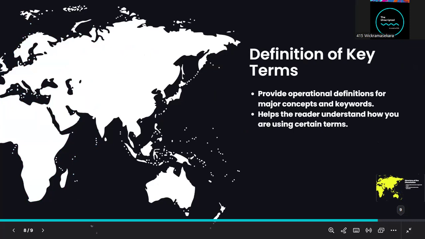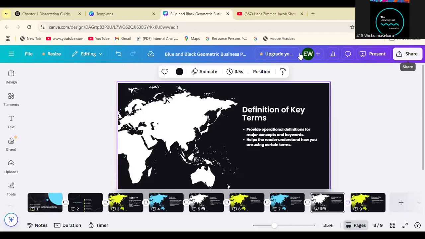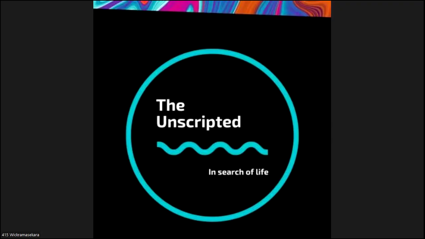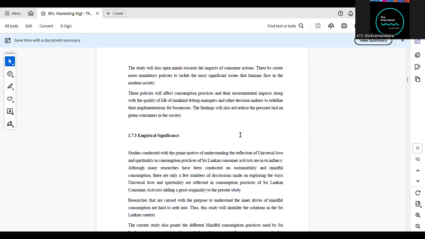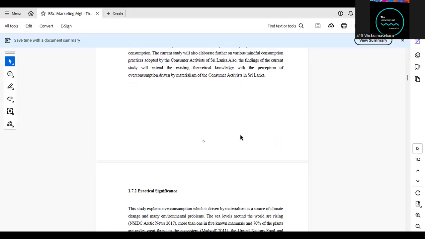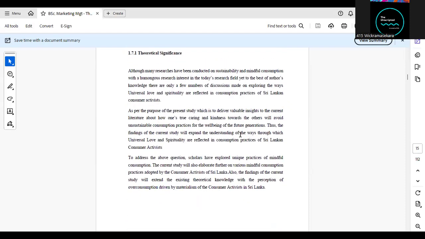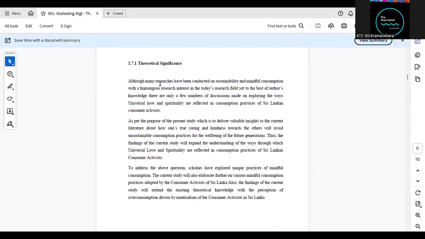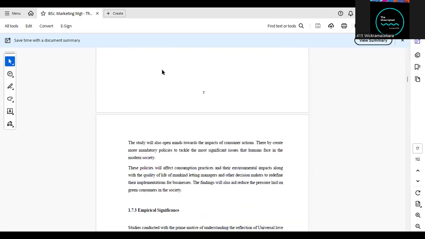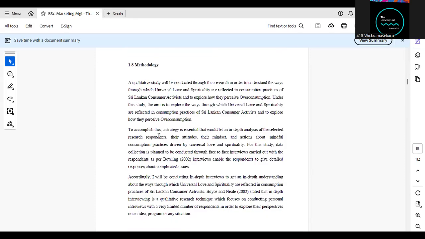In my example, the key terms were spirituality, mindful consumption, universal love and so on. This is how I have written the significances of the study. You can subdivide it into theoretical, practical, empirical, and methodological as well.